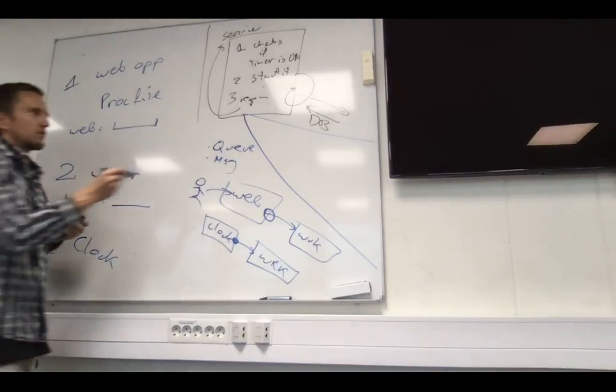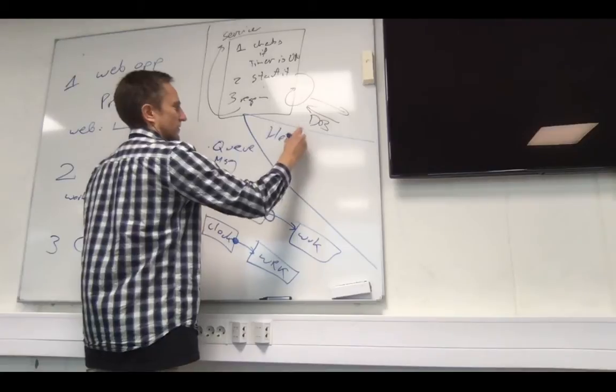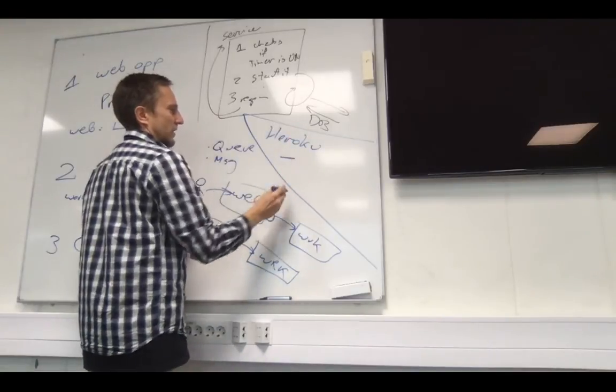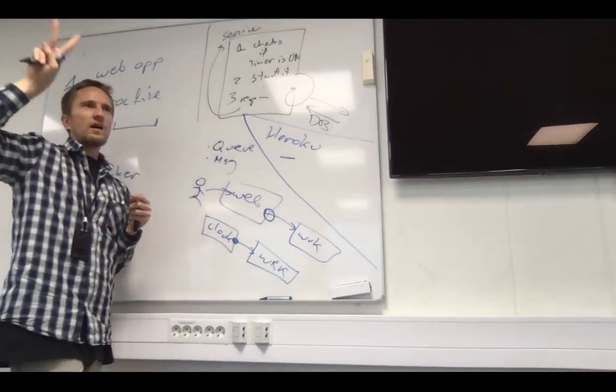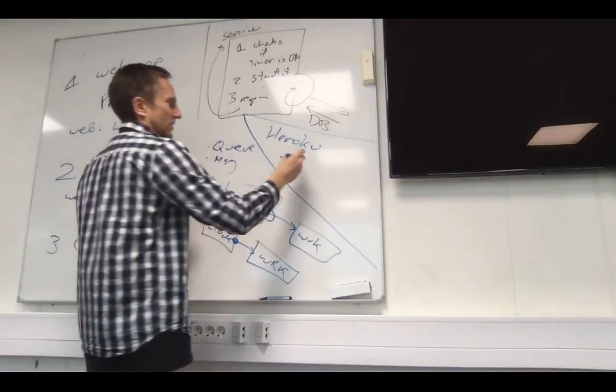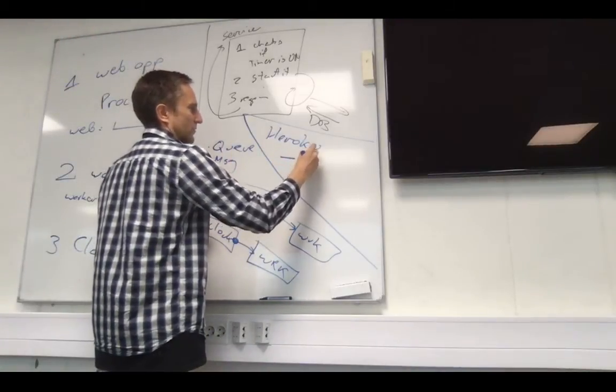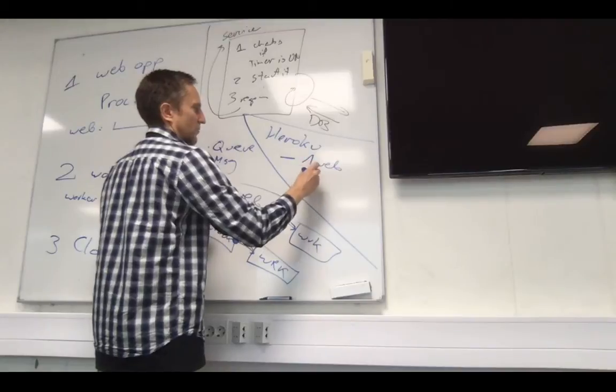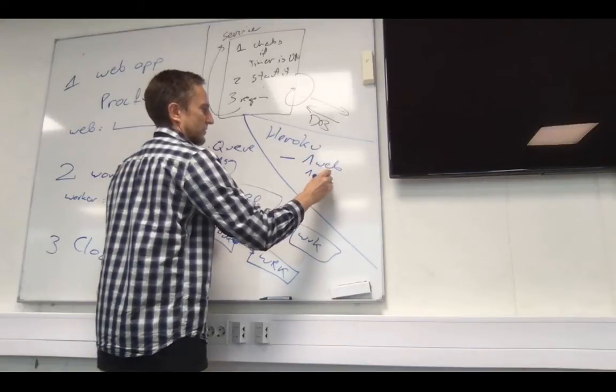But in the free tier on Heroku, you are only allowed to have 2 processes, right? You are allowed one web process and one worker process.